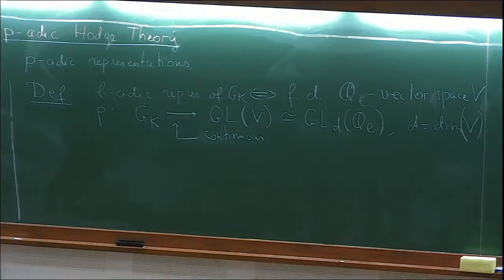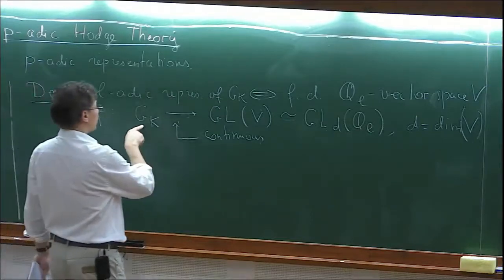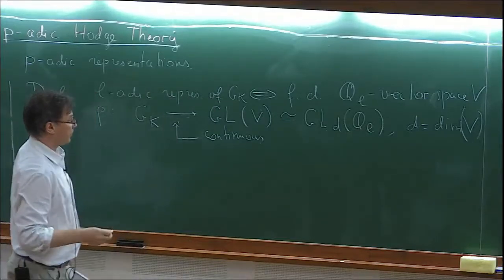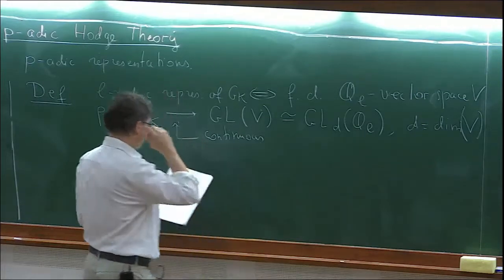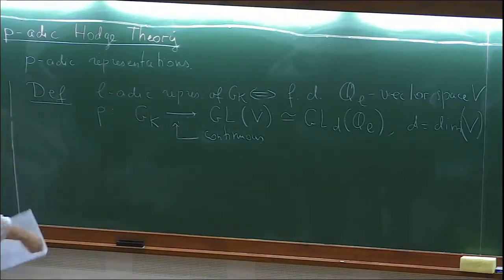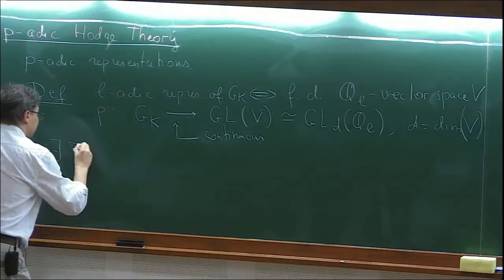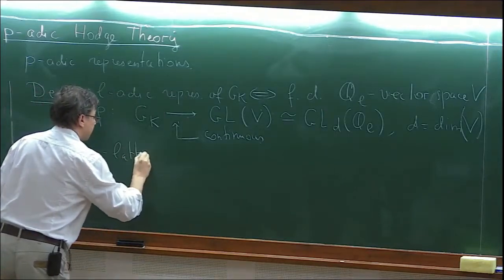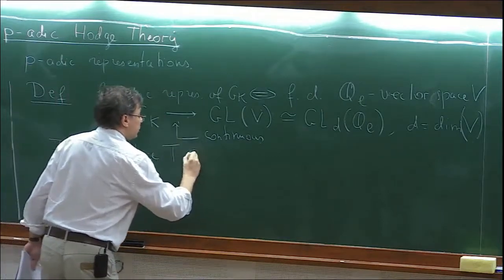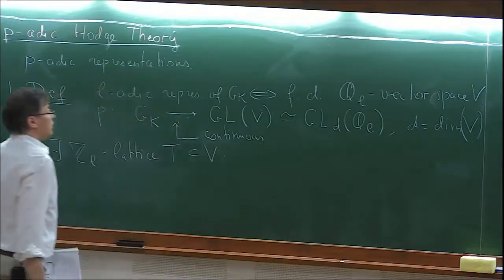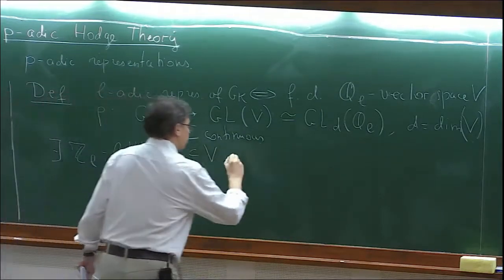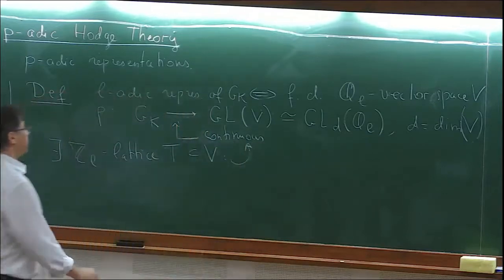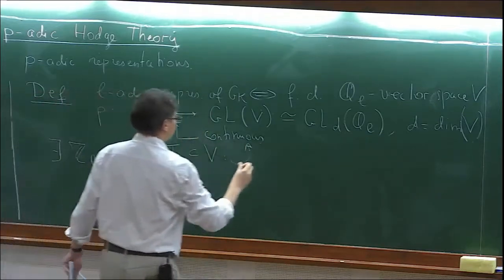And the first remark, which comes from the compactness of G_K, is that we can always choose a Z_l lattice, say T in V, which is stable under the action of G_K.